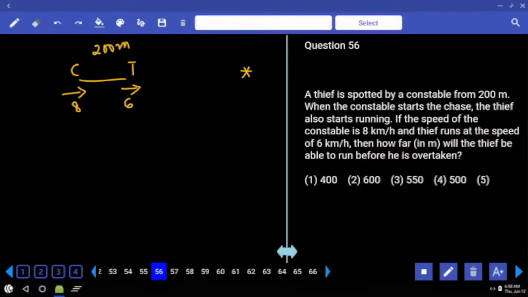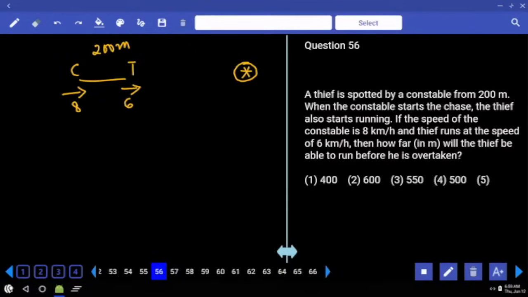Assume he will be caught at this place. So the time taken by the constable to reach this destination is the same as the time taken by the thief to reach this place. When the time is the same, the distance ratio should be equal to the speed ratio. When time is constant, distance is directly proportional to speed.